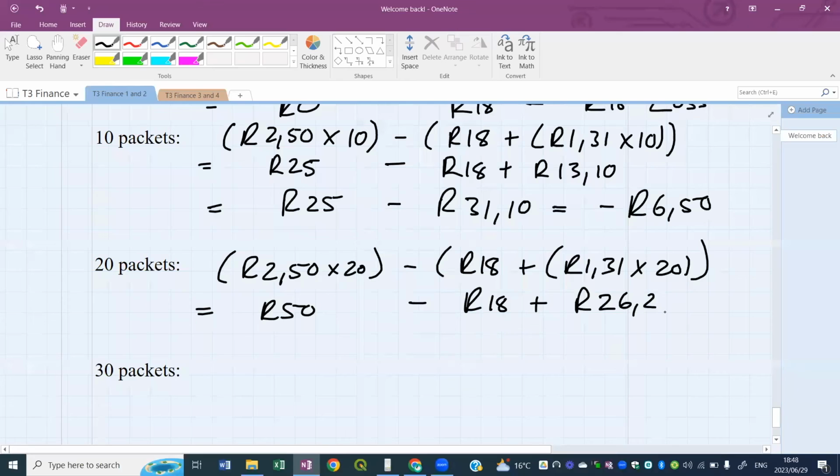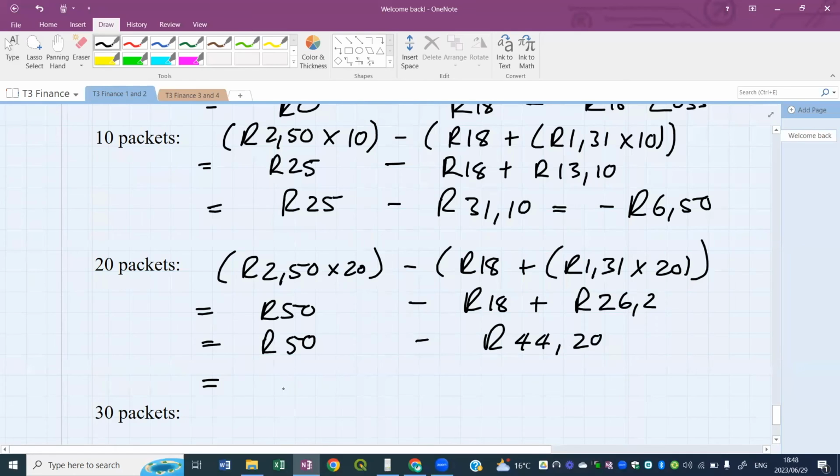Let's check. Yeah. All right. So this, let me just write this again. Hold on, stay with me. Let me just make space here. I'm just writing down everything you're telling me. So it's 50 Rand minus, and you said 44,2. Equals 5,8. Positive 5,8.